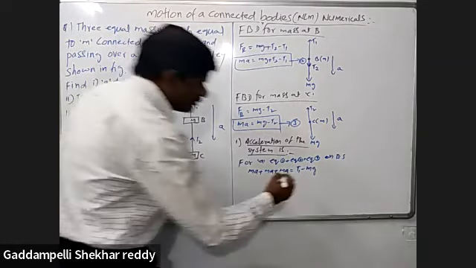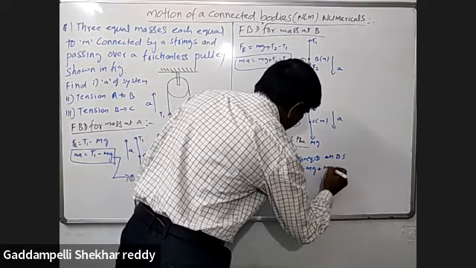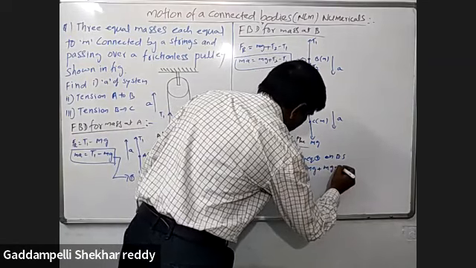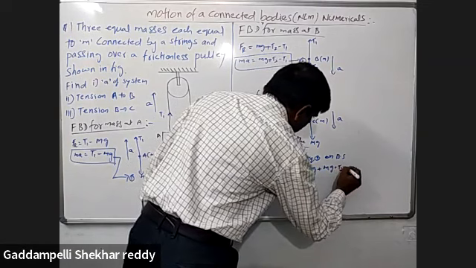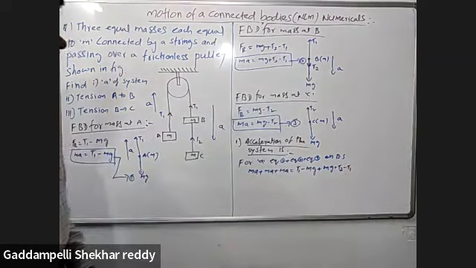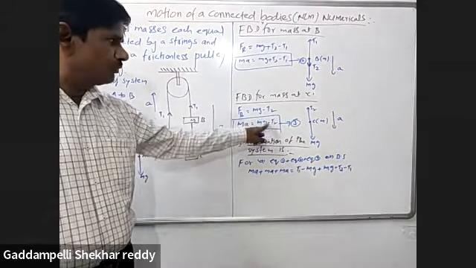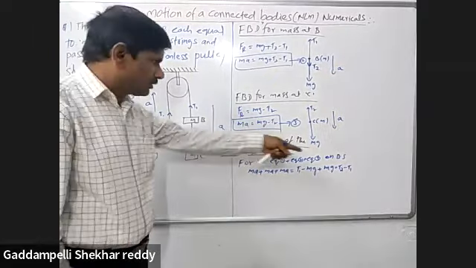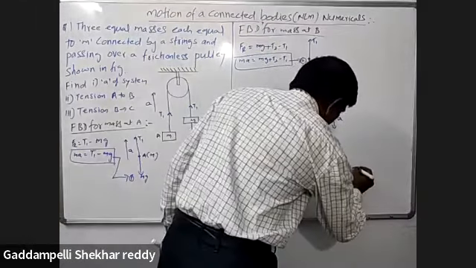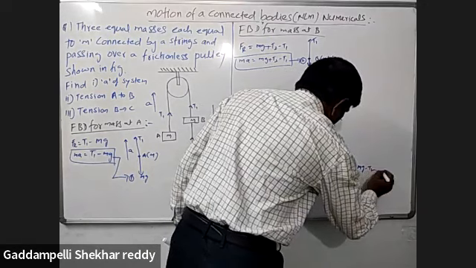Right side, second equation, plus mg plus T2 minus T1. Next, right side, third equation: MA is equal to mg minus T2. This is also added: plus mg minus T2.